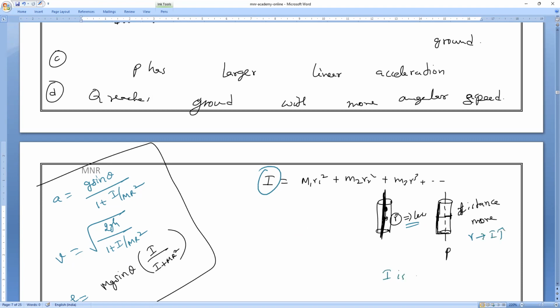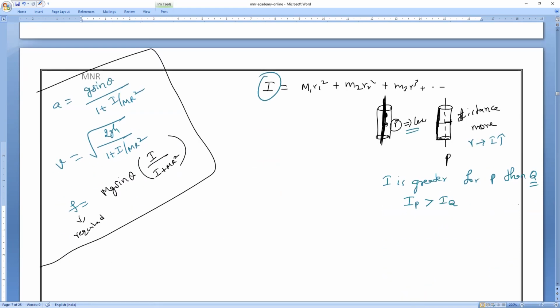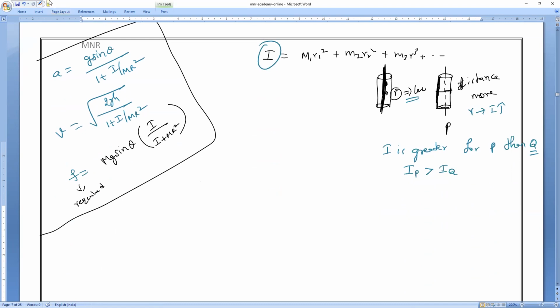So I is greater for P than Q; the inertia of P is greater than the inertia of Q. If inertia increases, something decreases. Inertia is opposite to what? Acceleration. So the acceleration of P is less than the acceleration of Q.